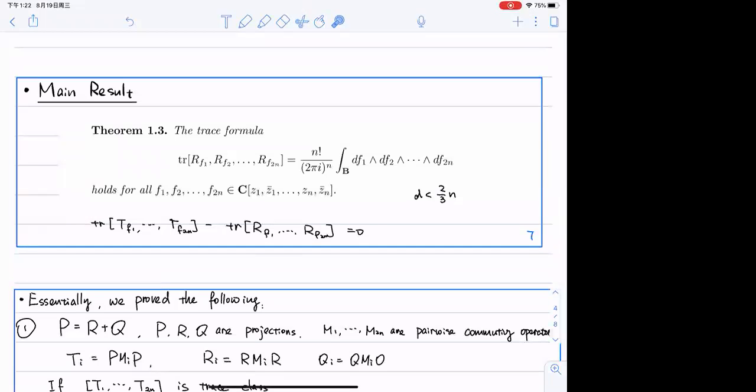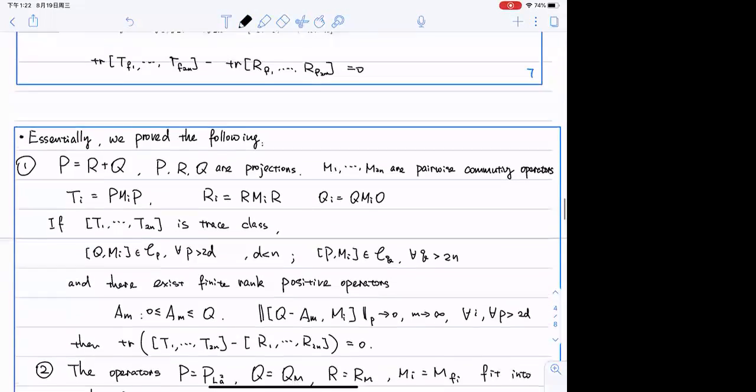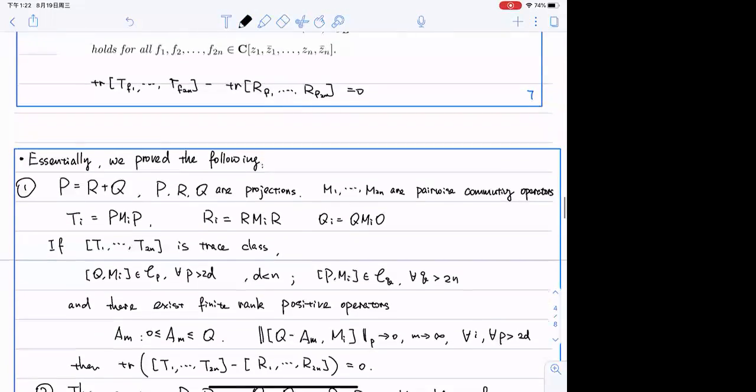But we are not able to do that for d less than n using a purely algebraic argument. So how do we prove this?